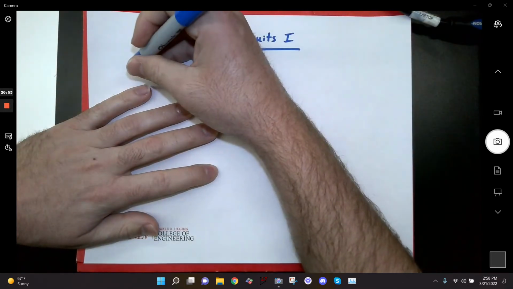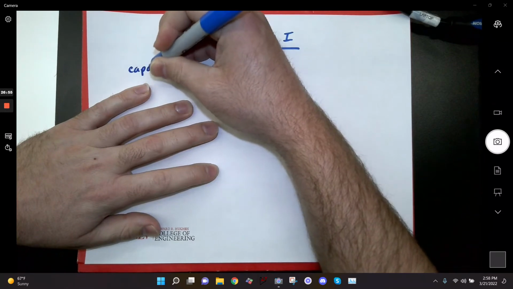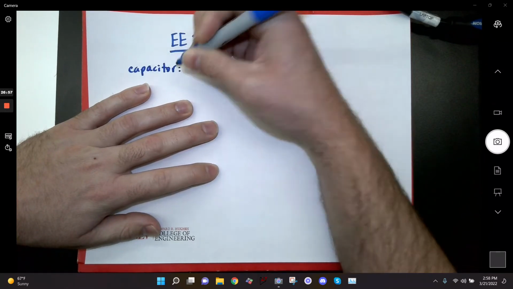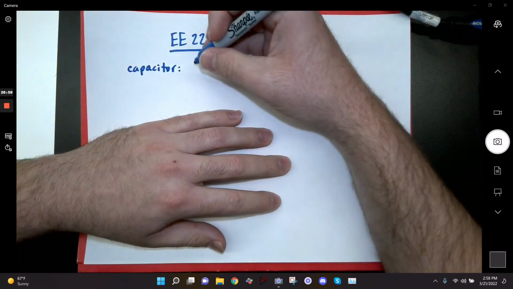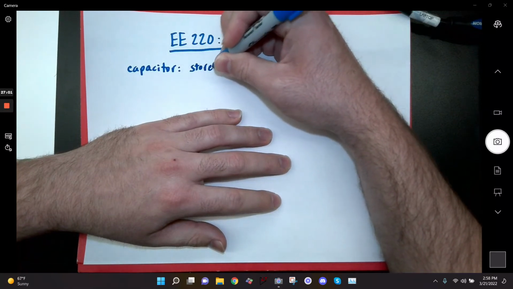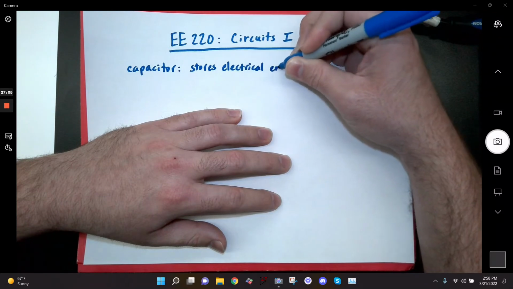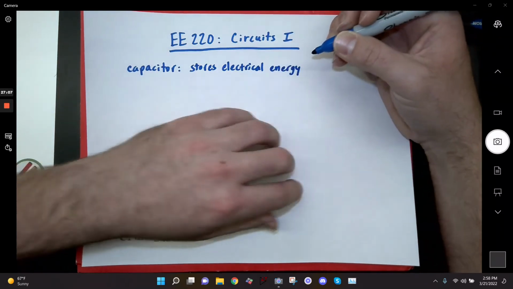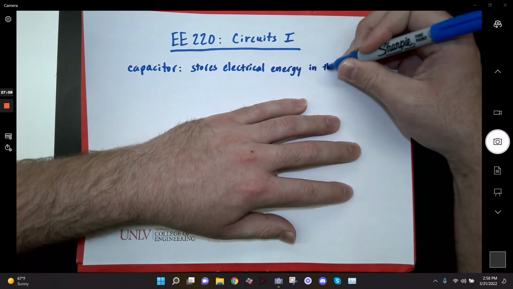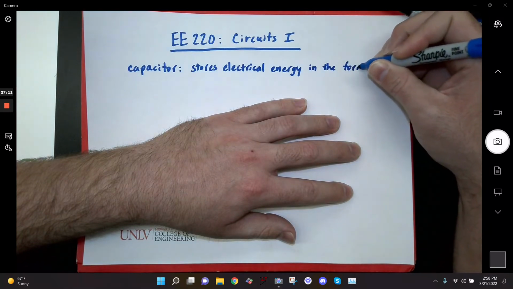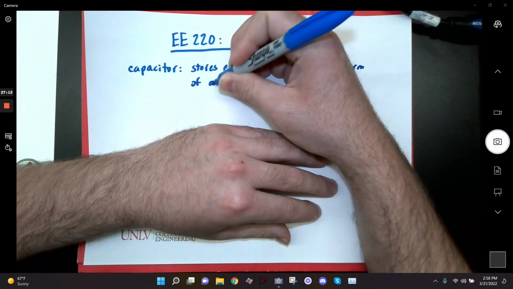But basically, for those of you who don't know what a capacitor is, it's a type of component that stores electrical energy in the form of an electric field.